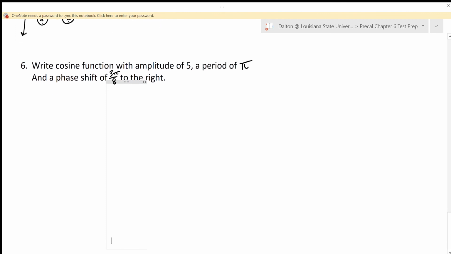Okay, so the only easy part about this is amplitude. We know that our amplitude is going to be, hopefully you remember, plus or minus 5.